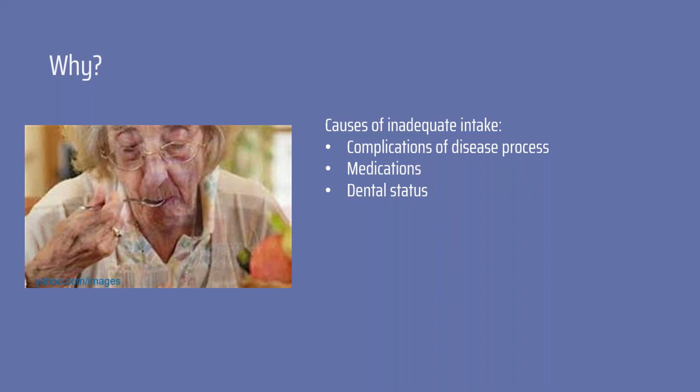So really the causes of inadequate intake tend to be complications of disease process. Diseases and medications can also be a problem as well because multiple medications can have side effects regarding taste, texture, food preferences.